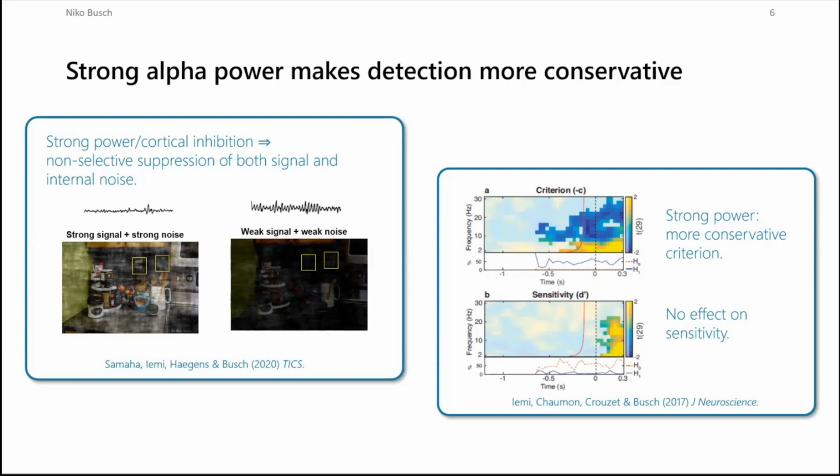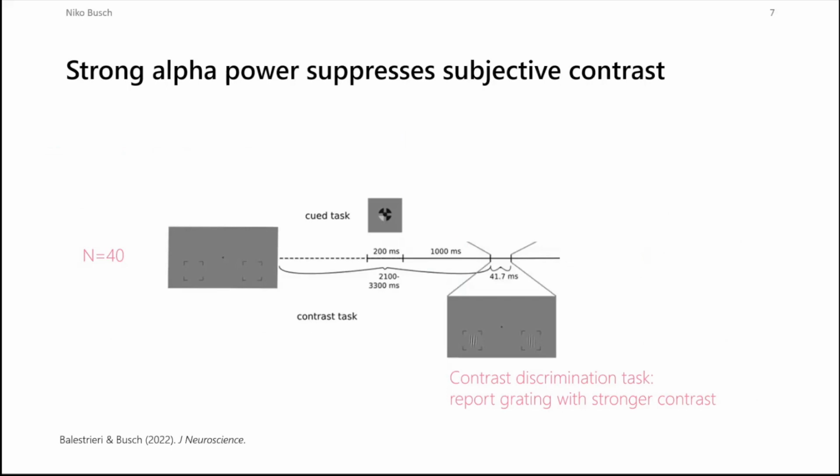And that's what this first study was about. So here we wanted to test if the alpha rhythm has an effect on visual appearance. And more specifically, the experiment was designed to test the effect of alpha lateralization, the difference in power between the two hemispheres.